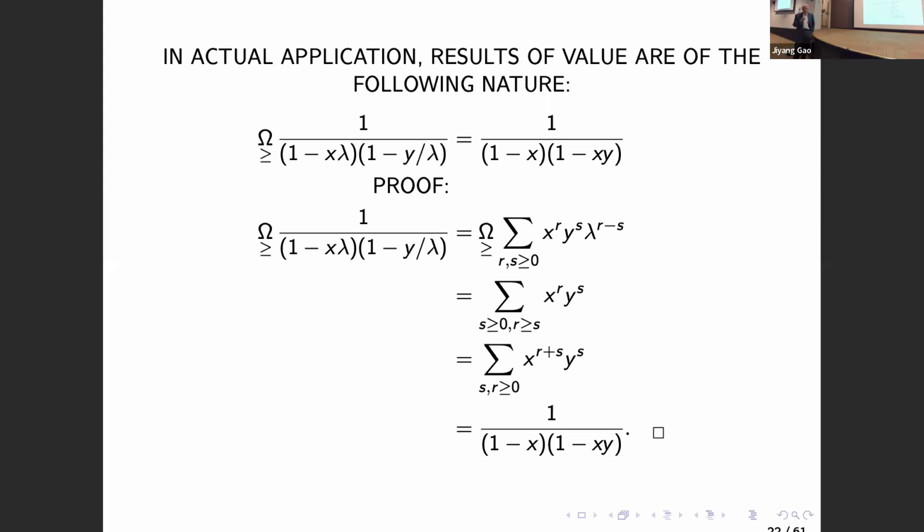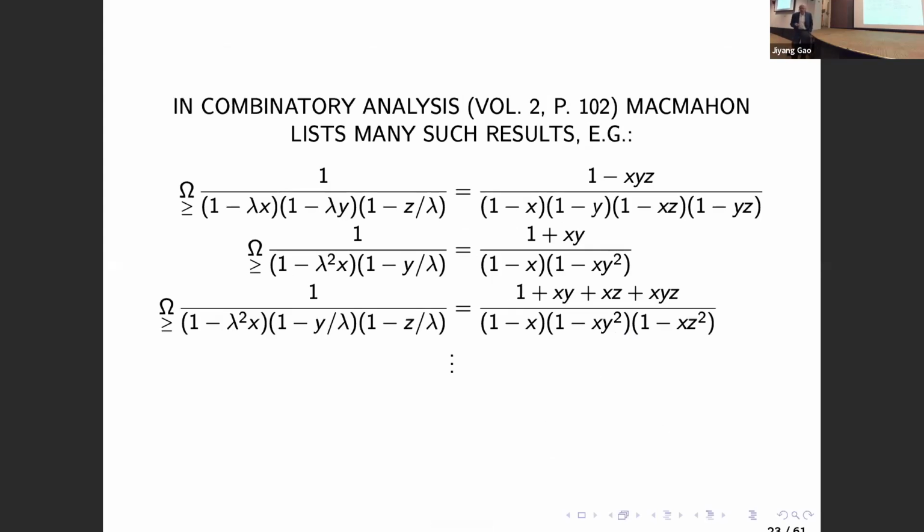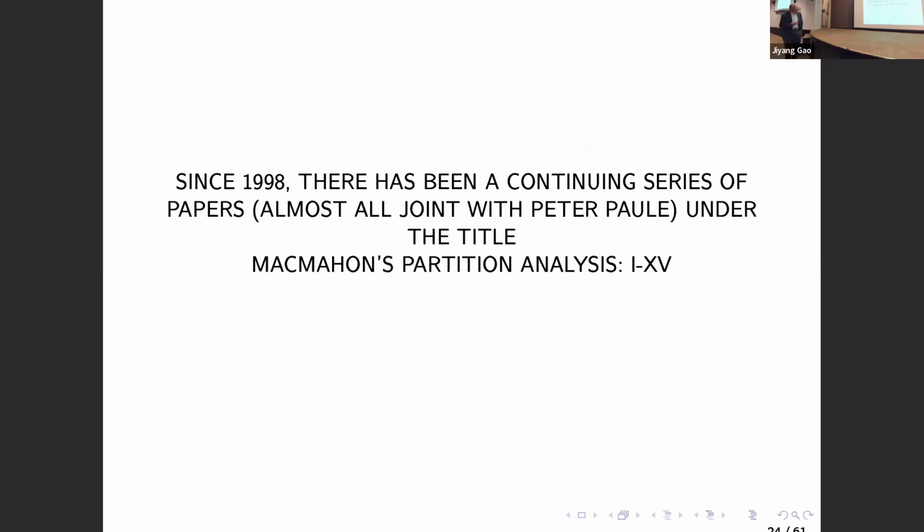Again, you wind up with the expression at the bottom of the screen. There are, as I say, numerous formulas like this, and here are 3 of them that are proved in exactly the same way as the example on the previous slide.